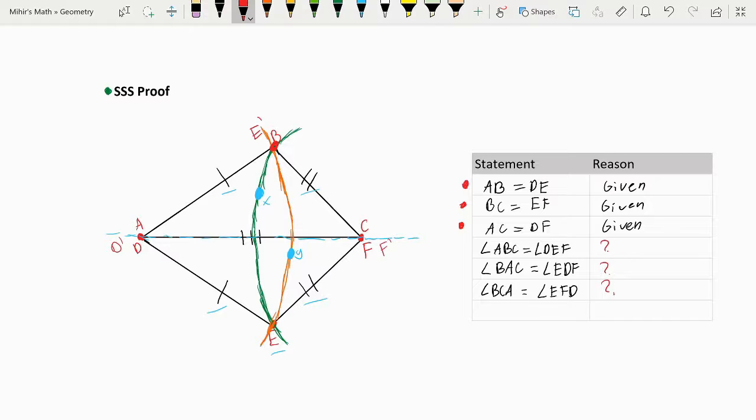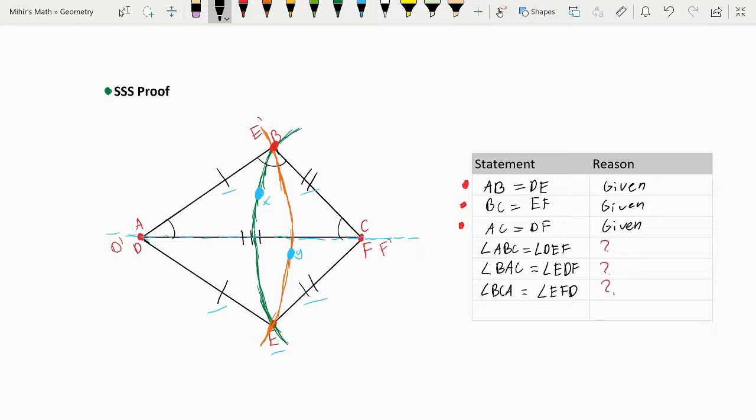And what we've done here is we've essentially mapped DEF directly on top of triangle ABC. So if we can map the triangles on top of each other, that means all the details about the triangles must be the same, which means all of these angles here have to be the same because they map directly on top of each other.